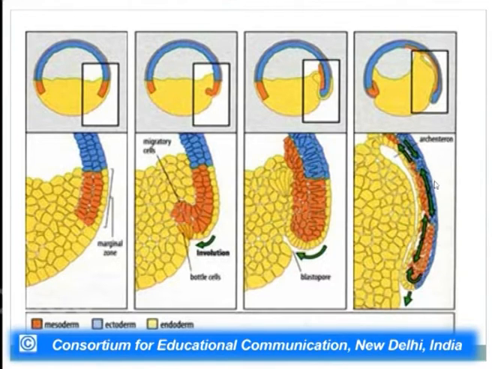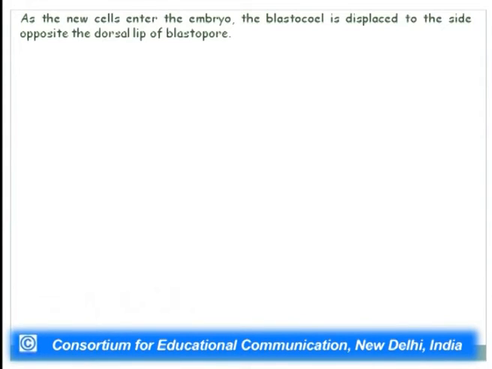In the opposite direction, the blue cells, which are the ectodermal cells, grow by epiboly, growing over the surface of other cells and covering it. They will expand on both sides, but the marginal zone cells have started involuting in this particular manner.